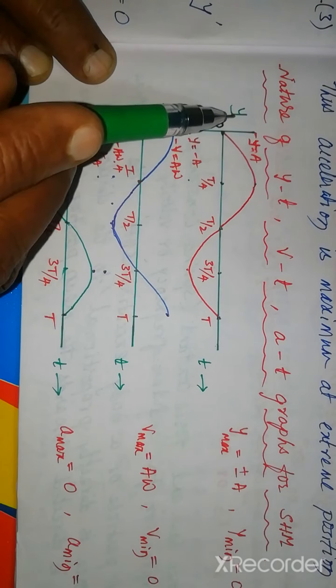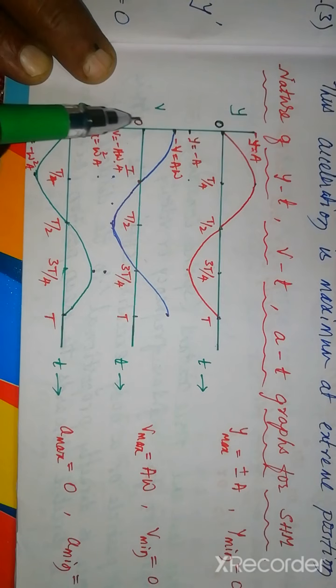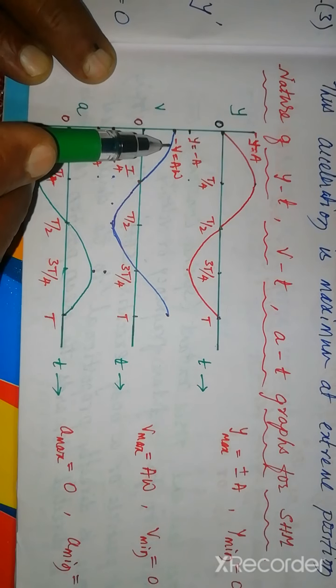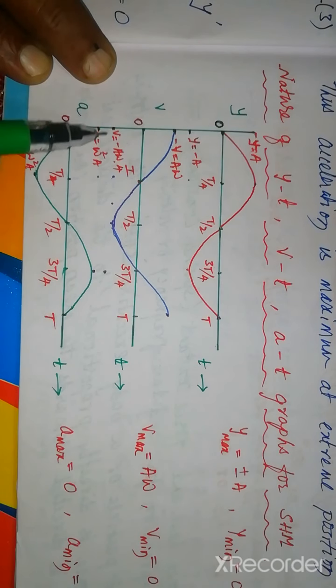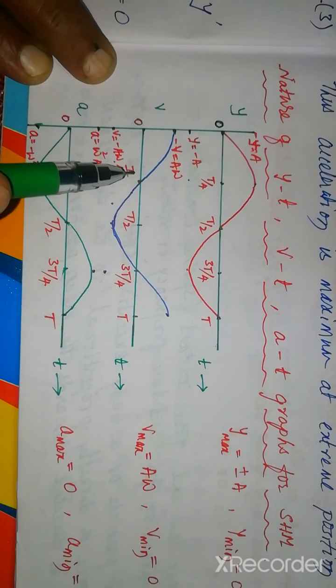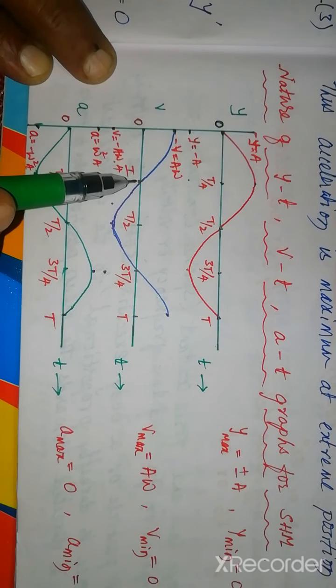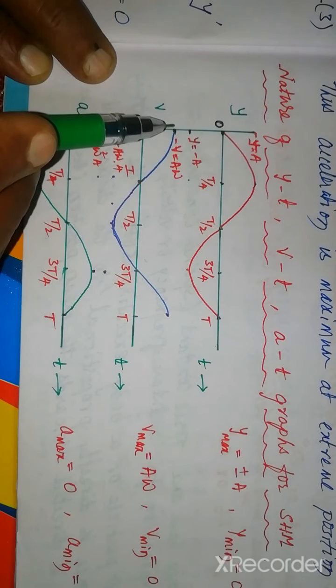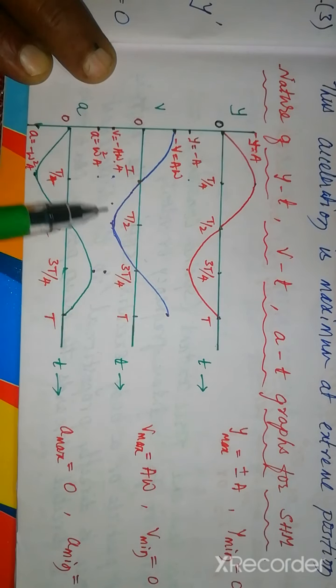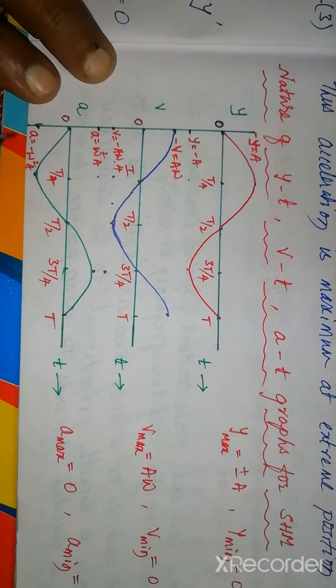Velocity is ahead of displacement when time t is 0. Likewise, maximum velocity v is a omega, and at the extreme position the velocity is 0, and at the mean position the velocity is maximum.